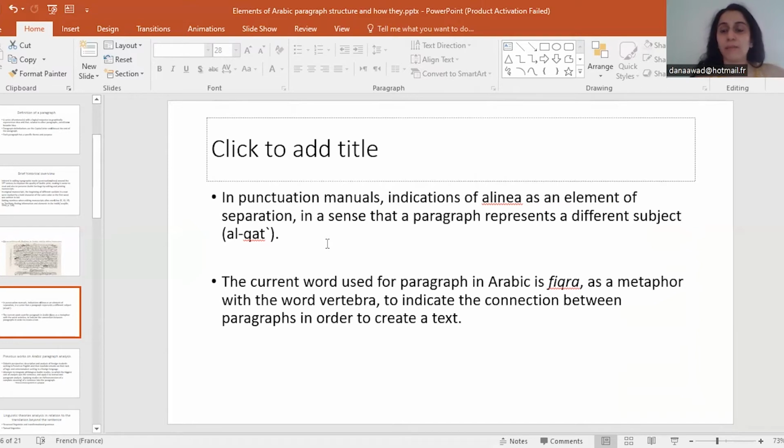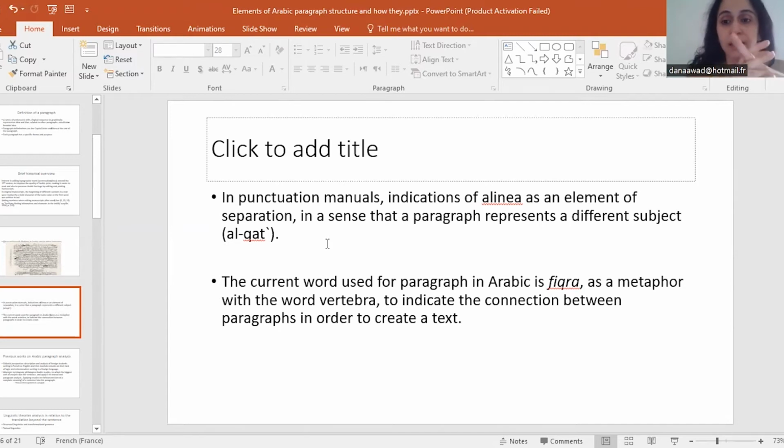So the paragraph or the alinea was an element of separation, and the process of separating the text was called al-qata', which, according to the punctuation manuals that set the rules of punctuation, indicated a separation in the text. So there was no concept of relating ideas or connection using the alinea or paragraphs.